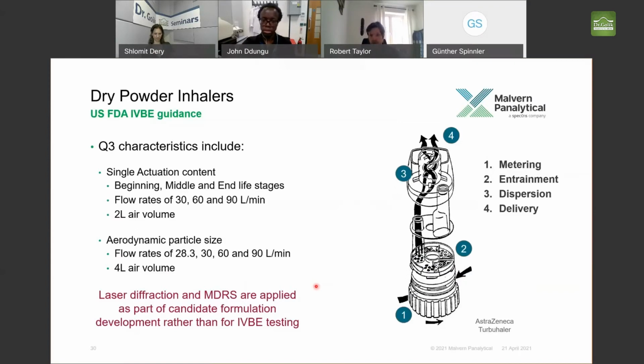But the same principles apply. Okay, in this case, this is AstraZeneca's Turbuhaler. This is the actuation device here. We can meter the dose, and then we have air flowing through, which entrains the dry powder. We have a means to disperse it up here, and so we're going to be able to measure the particle size that is emanating from this end here.